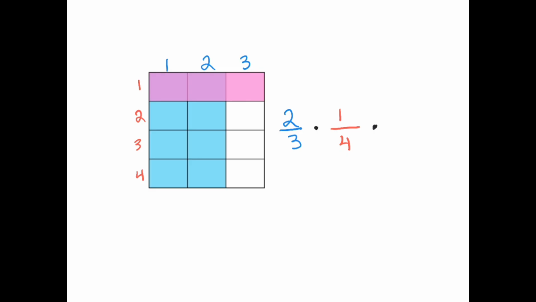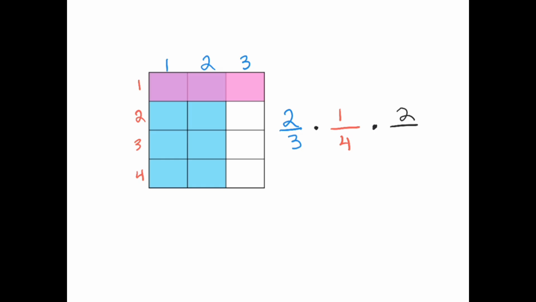Now let's find the answer by reading the model. Your numerator will be that overlapping portion of that pink and blue to make that purple, which is 1, 2. It's 2 of them overlapping. So that is your numerator. Now let's find the denominator by counting the total amount of pieces. This is a 3 by 4.